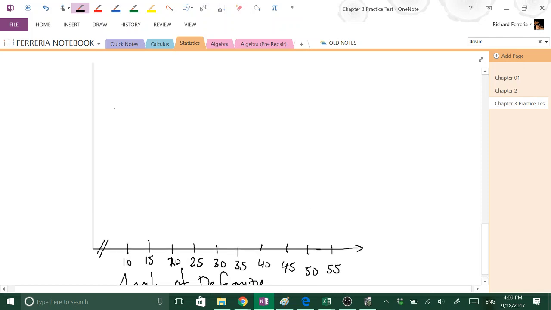Okay, for the cumulative relative frequency, you're going to go all the way to 100, 50% right in the middle, and then I just leave 4 tick marks here.